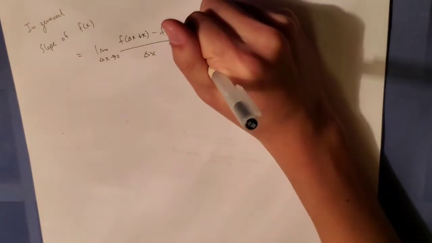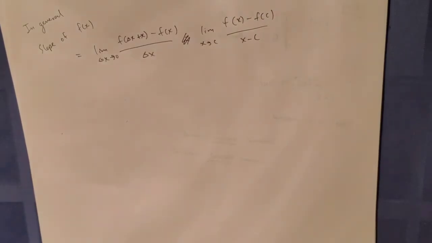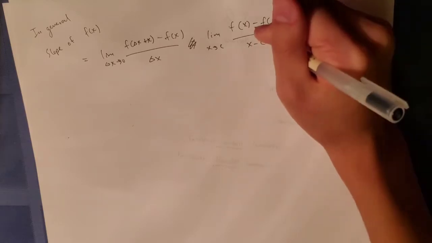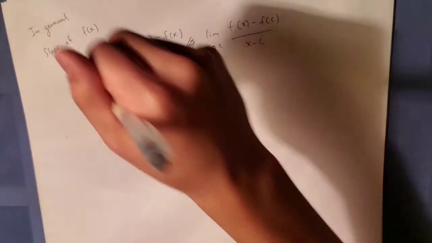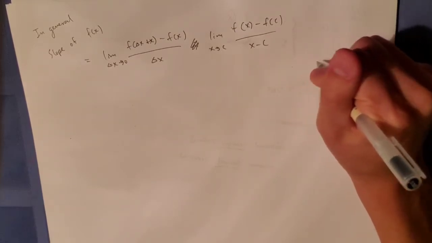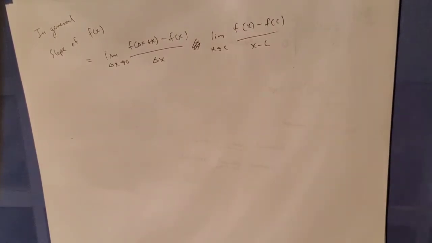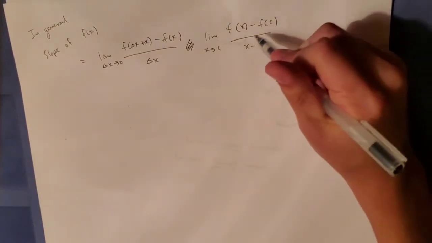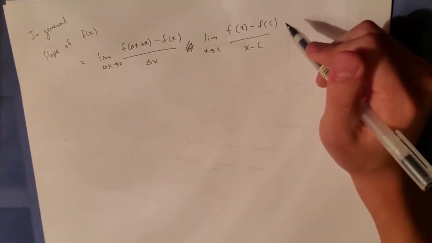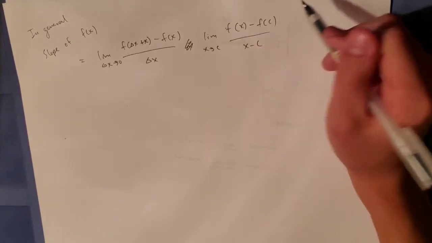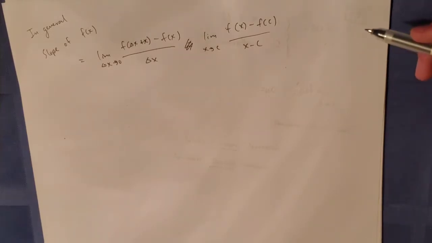These aren't always exactly equivalent, but this is just another way to express the slope, right? Because as your x gets closer and closer to c, your y value should also get closer, and then you can approximate your slope like that. This is like what you would do in algebra 1, where you subtract the y's and subtract the x's, and then you get your slope.